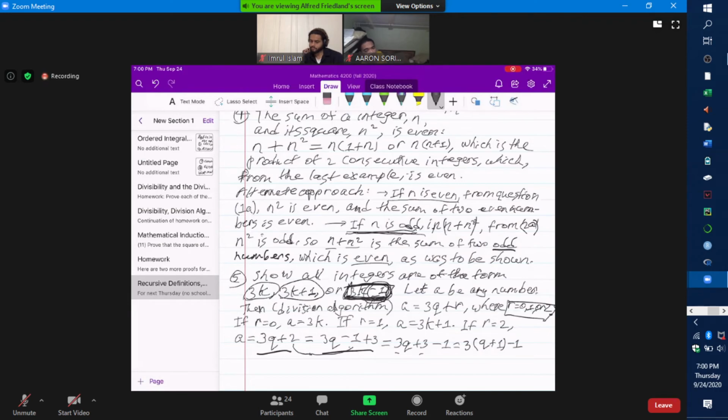And so we're getting there. I'm being very formal and very careful now. So again, by closure, this q plus 1 is an integer. And now you'll see why I chose q instead of k. In which case, this is written as 3k minus 1, which is what we wanted there.